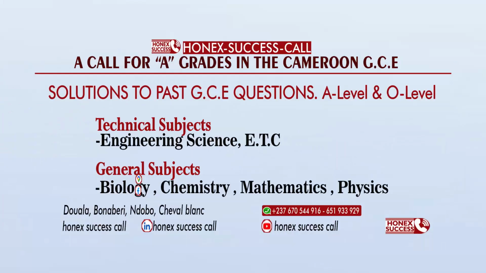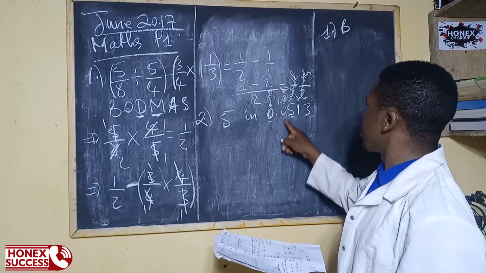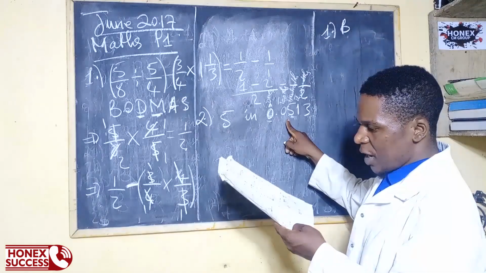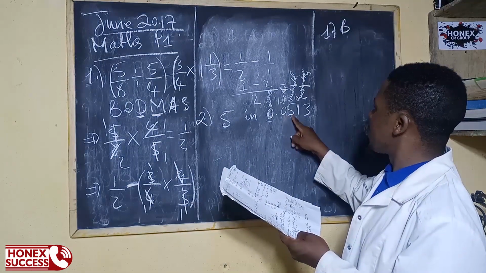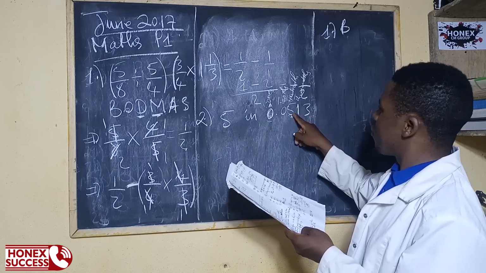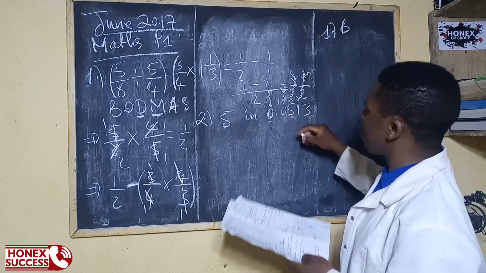Very well, realize that the value of 5 in 0.0513 falls under 500.